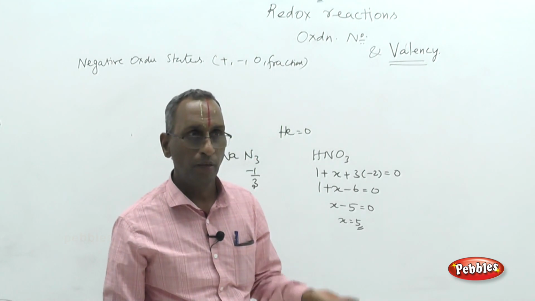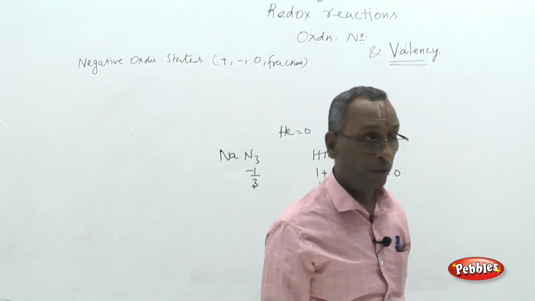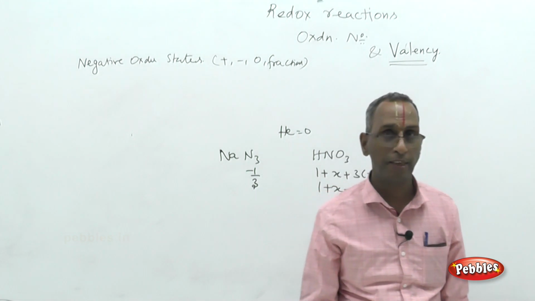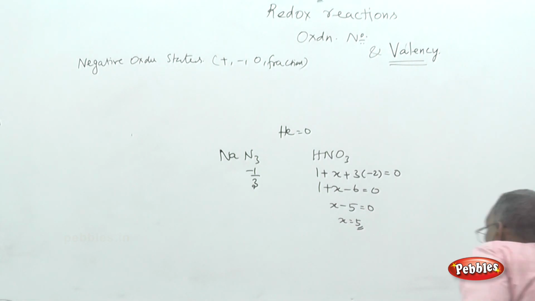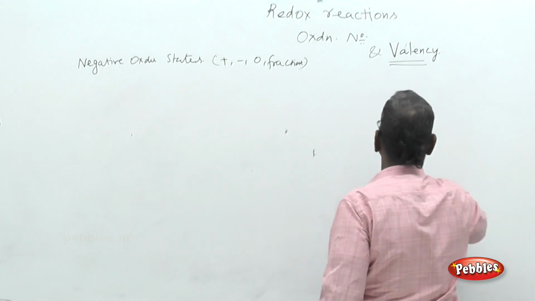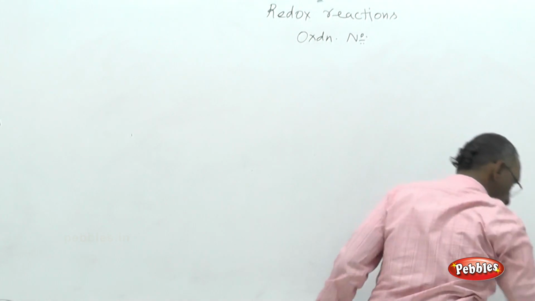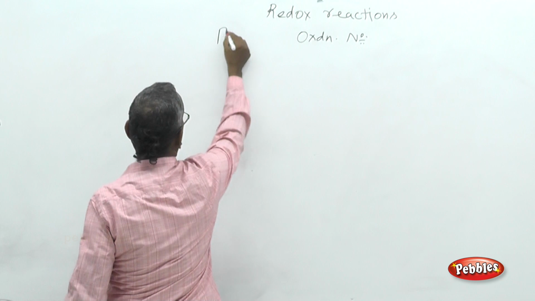Now lastly, we will see the important rules to be followed in assessing the oxidation numbers of various elements in different compounds. Rules for assignment of oxidation number. So we have seen the distinguishing aspect between oxidation number and valency.